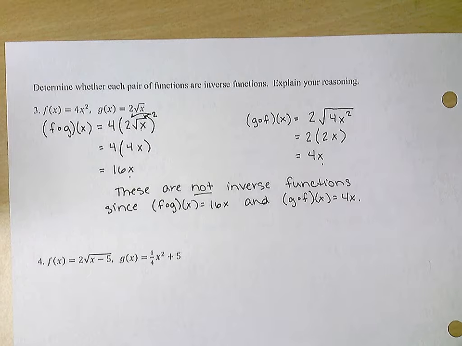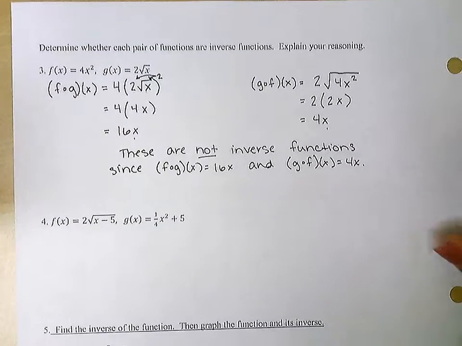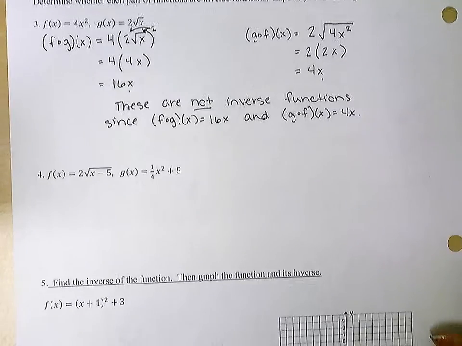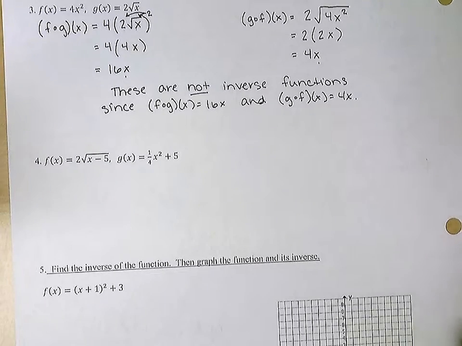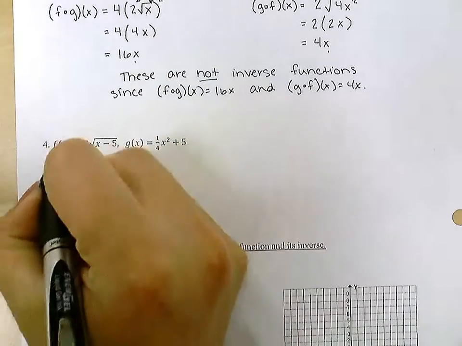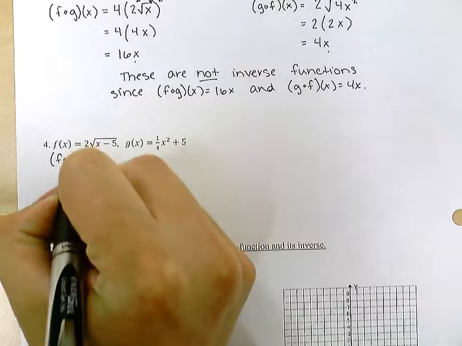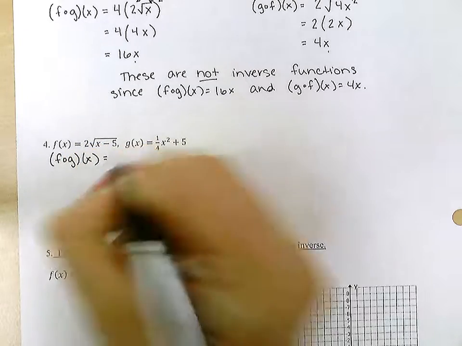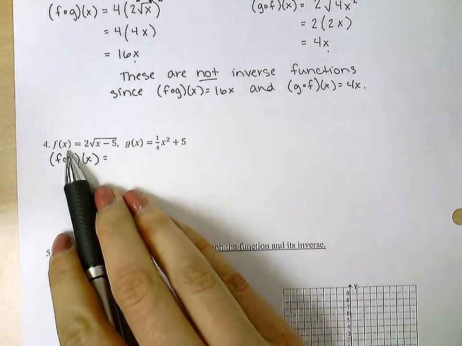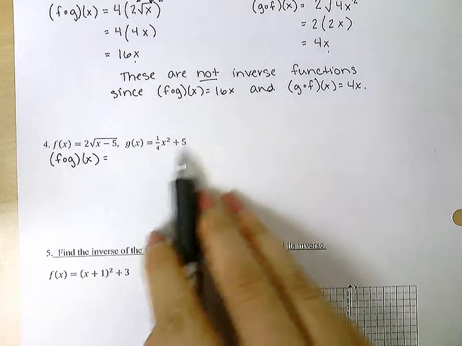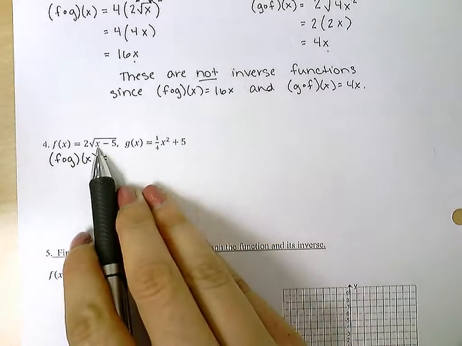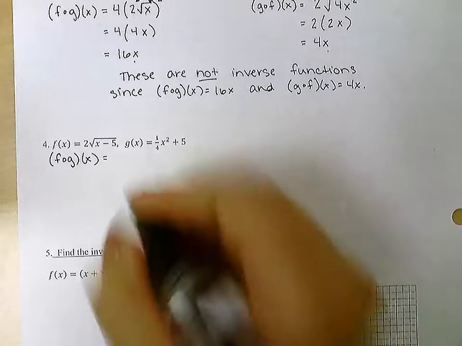Okay, we're going to do one more example of this. Okay, number 4. Again, finding f of g of x and g of f of x. So starting with f of g. Okay, that means we're starting with our f of x function and we're plugging in our g of x function for the x in that f of x.